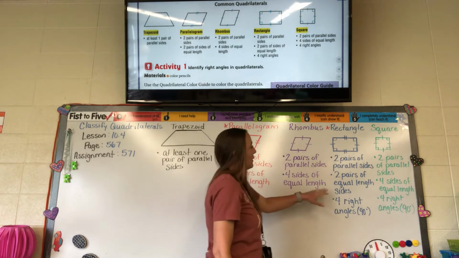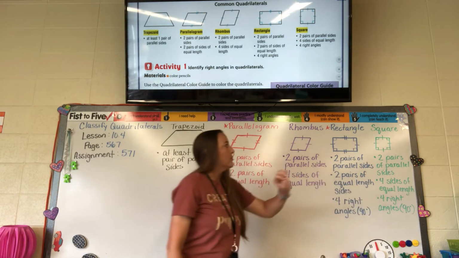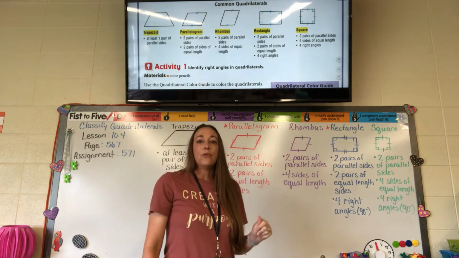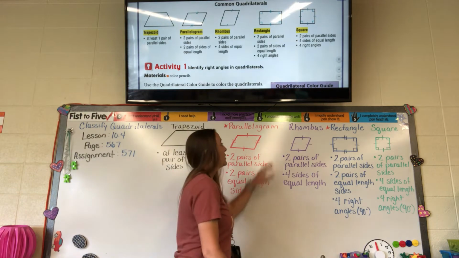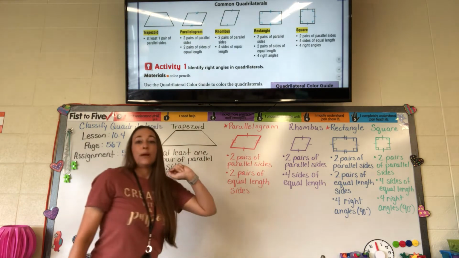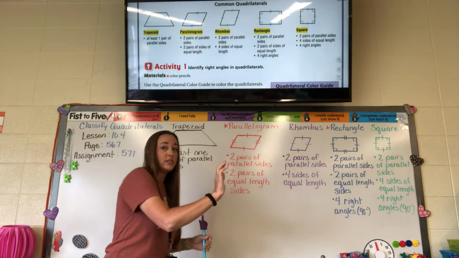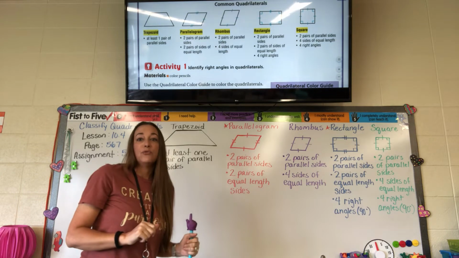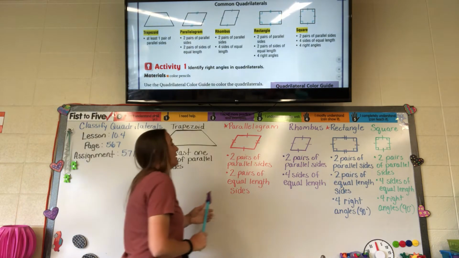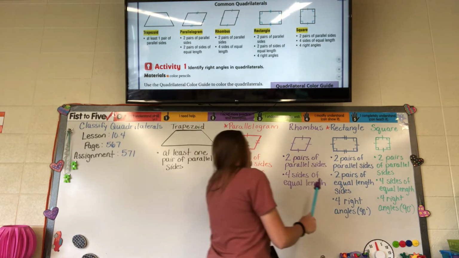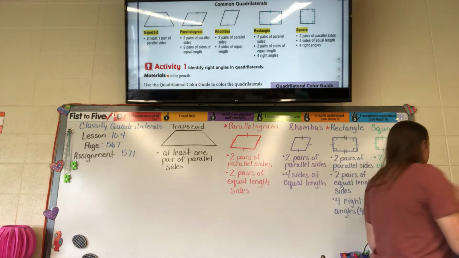The rectangle and the square both have four right angles, or four 90-degree angles, where the rhombus and parallelogram don't have any right angles, okay? Because when you push it over just a little bit, it knocks off those right angles and makes them no longer right angles.